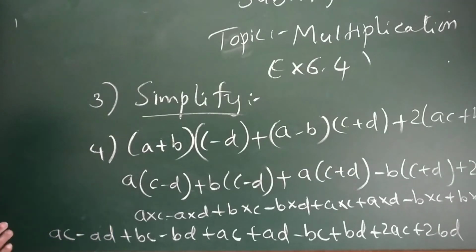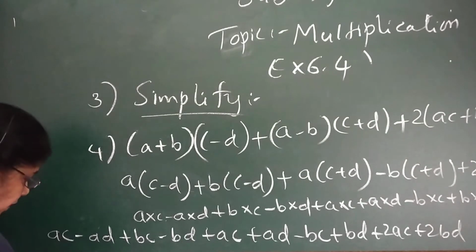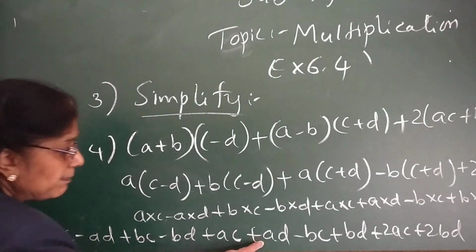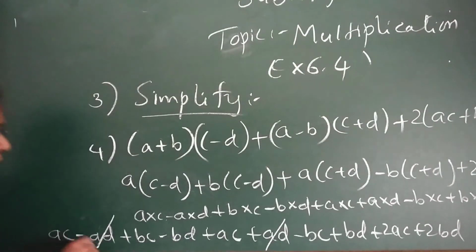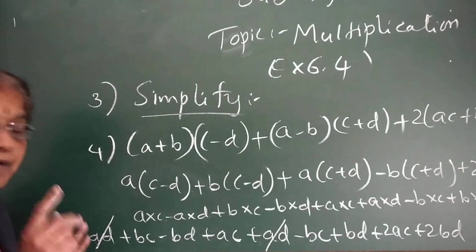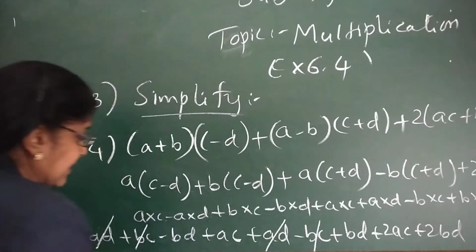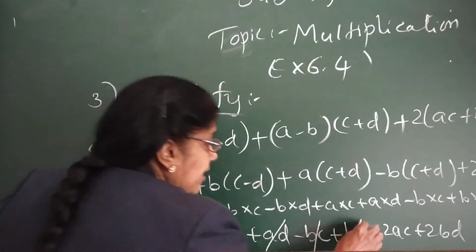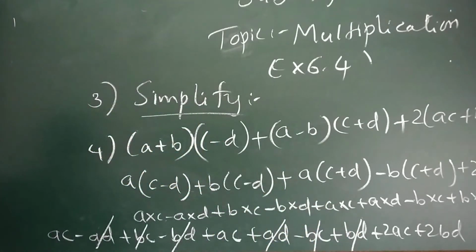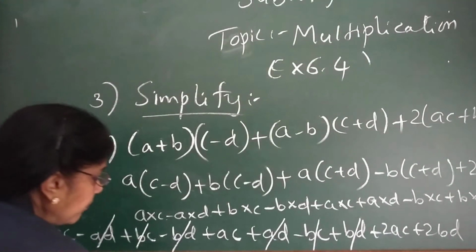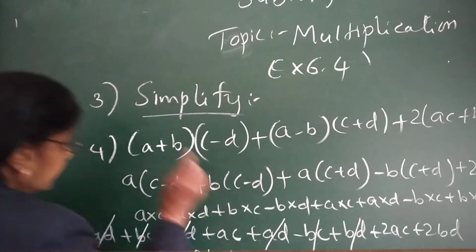Let us see the like terms. Plus AC is there, so plus AC plus AC. Minus AD plus AD, I told you, two like terms with one positive, one negative, it gets cancelled. Plus BC minus BC gets cancelled. Minus BD plus BD will get cancelled. So plus AC, then plus 2AC plus 2BD.